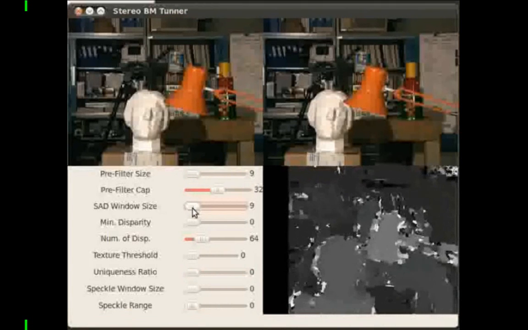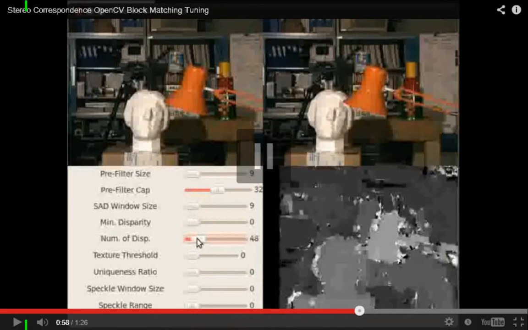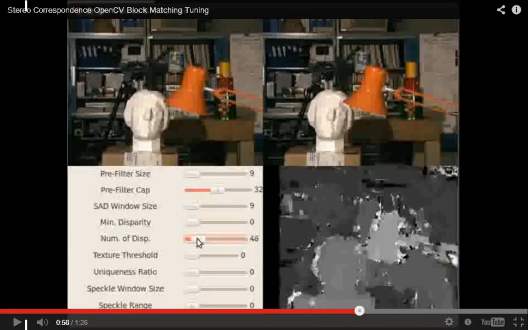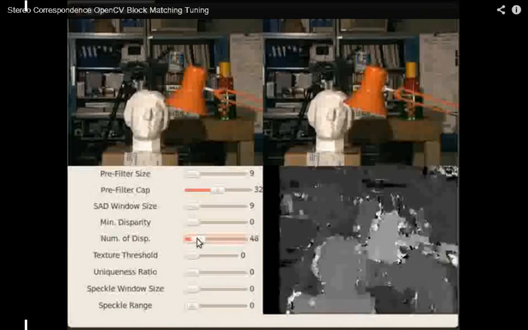Okay, so here you can see, let's stop the video here, to go into the break with something optimistic. So you see the lamp here is relatively close. There's the head, and the background is further away. So this works okay. Now, it works okay, but it's still noisy. And this is why you need regularization in addition.